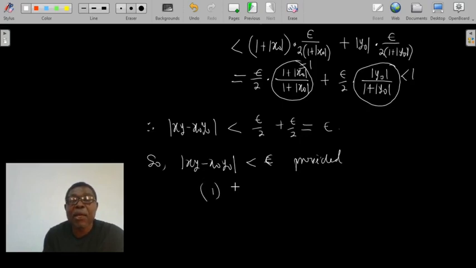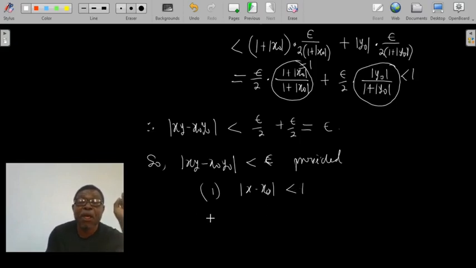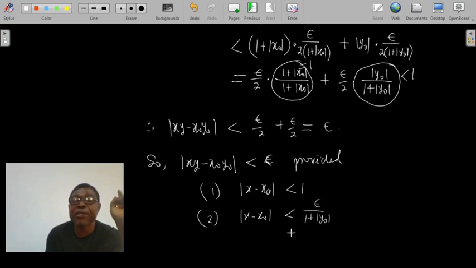1, absolute value of x minus x naught is less than 1. That's the first condition we placed. And 2, absolute value of x minus x naught is less than epsilon over 1 plus absolute value of y naught.